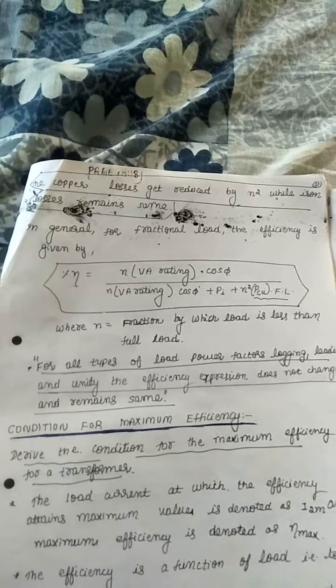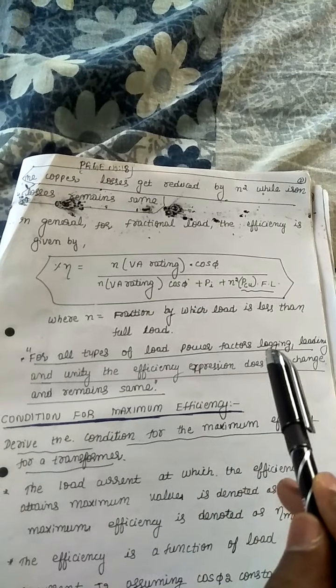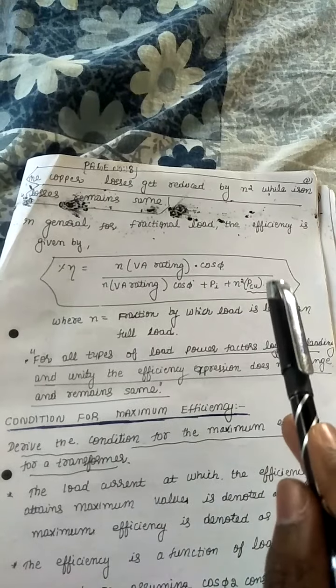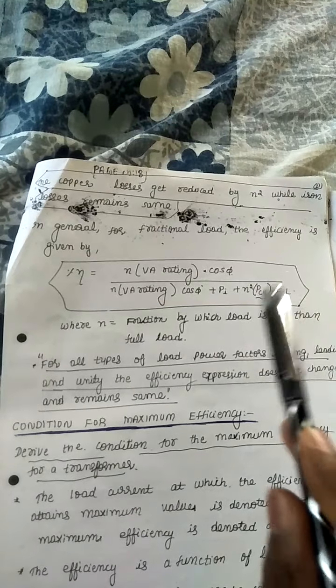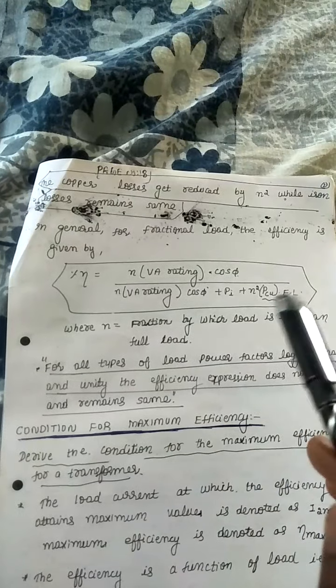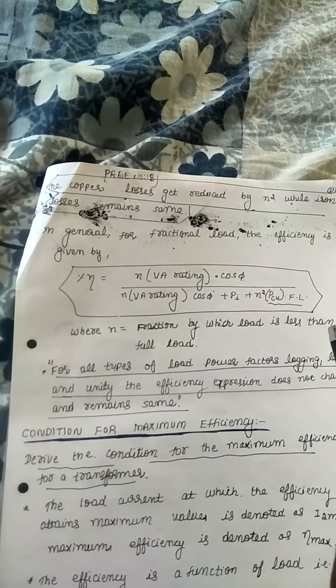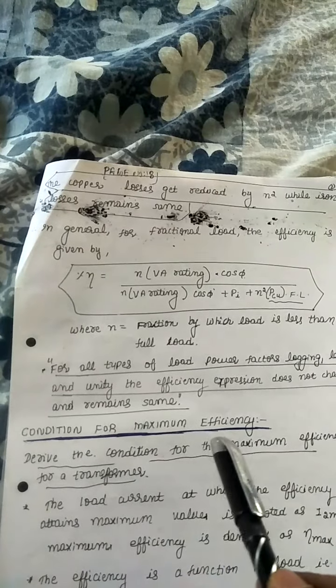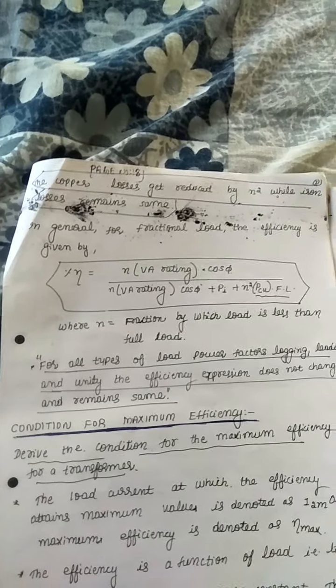For all types of load power factors, leading, lagging or unity, this efficiency expression does not change. I am going to use this formula to solve problems. In the next class I will explain the conditions for maximum efficiency. Thank you.